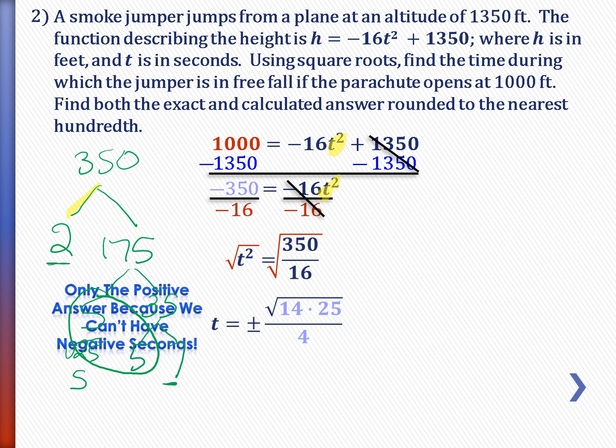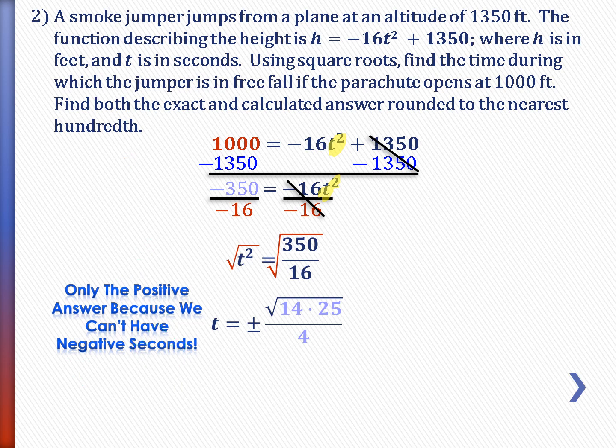So let me erase my breakdown here. Remember, time can only be positive. So even though we put the radical there, we have to put plus or minus, and we have to think about this logically because time has to be positive. You can't have negative time.